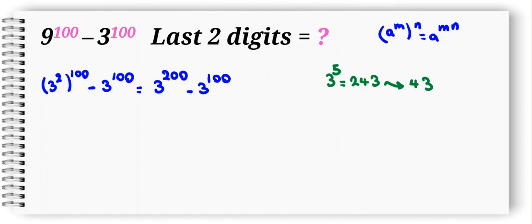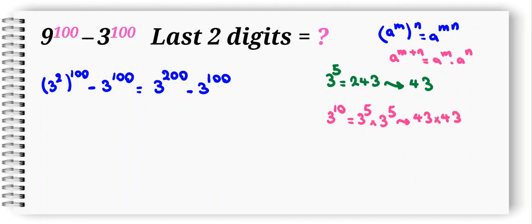In the next step, we say 3 to the 10 is what? The last two digits are 43 times 43. Why? Because 3 to the 10 equals 3 to the 5 times 3 to the 5, since a to the m plus n equals a to the m times a to the n. And now 3 to the 5 is 43.